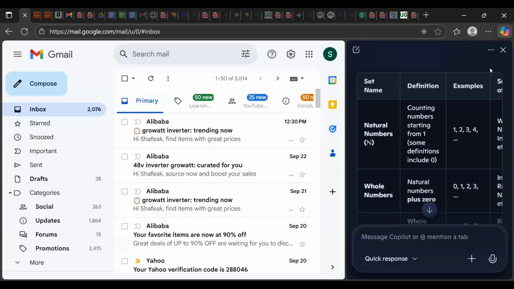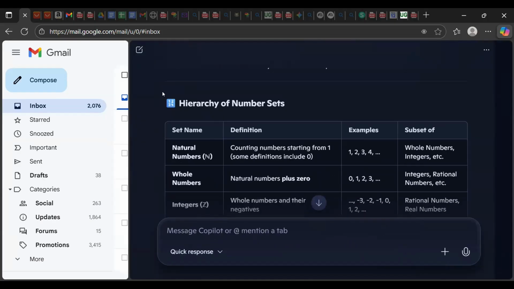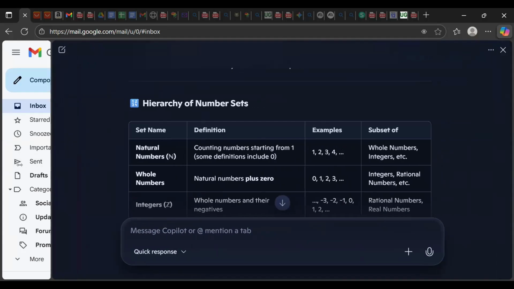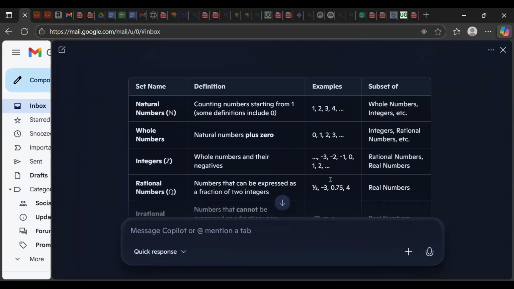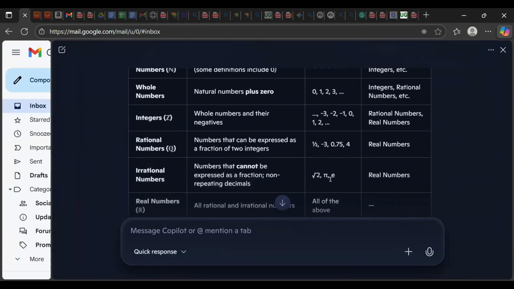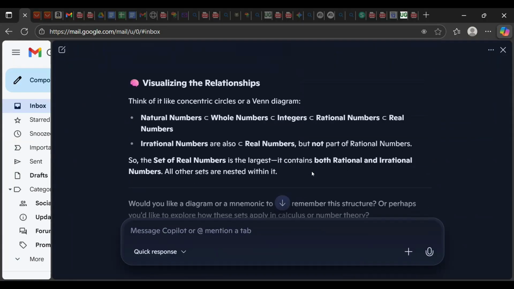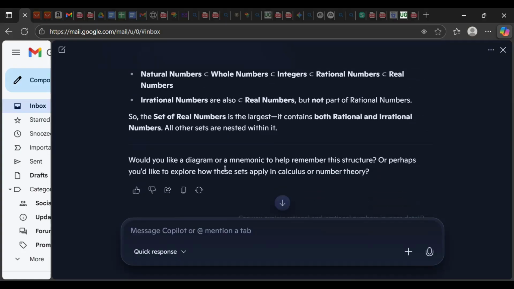Can you see this? Yes, sir. Yeah. They're giving you everything. Look at it. Right? They're giving you everything.